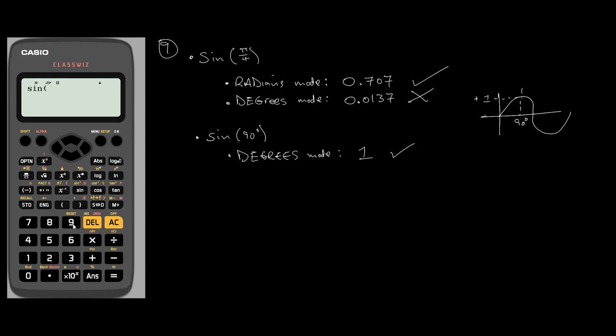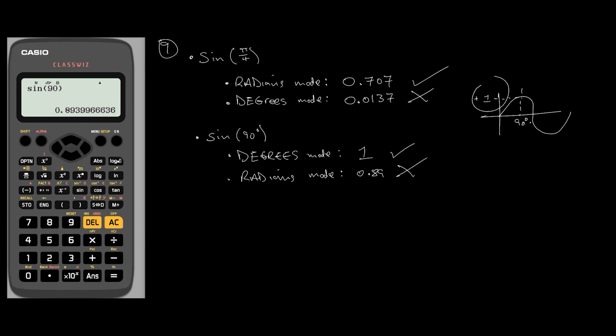So the sine of 90, just type it in the way the other one was typed. And this is going to give you, well, something different. Okay, so radians mode is the incorrect mode. It gives us 0.89 and a bit, which is wrong. Okay, it's not that at all. It's 1.